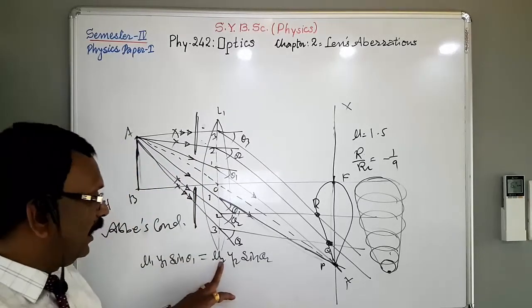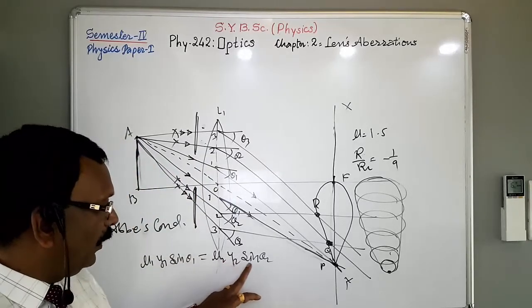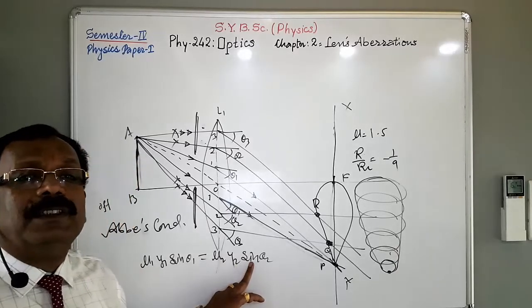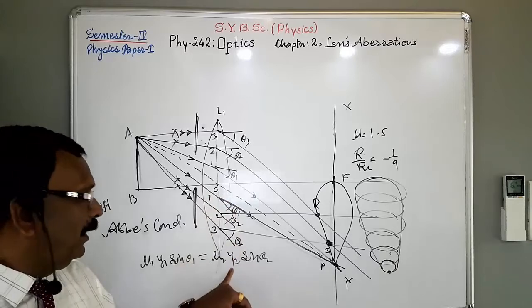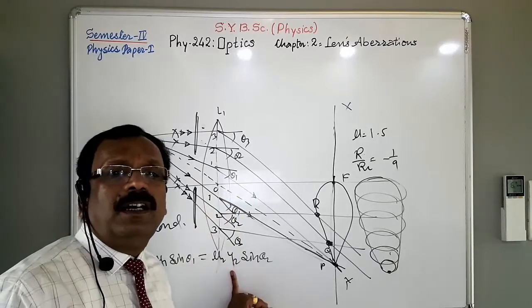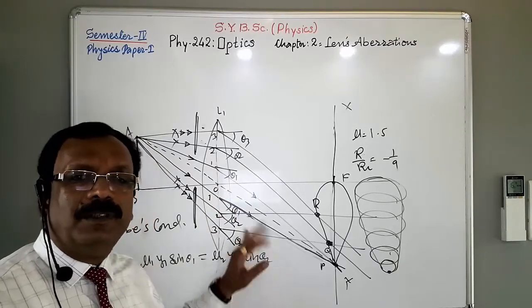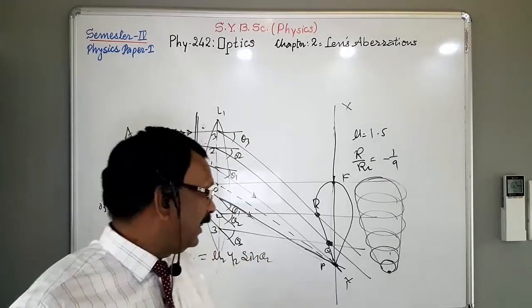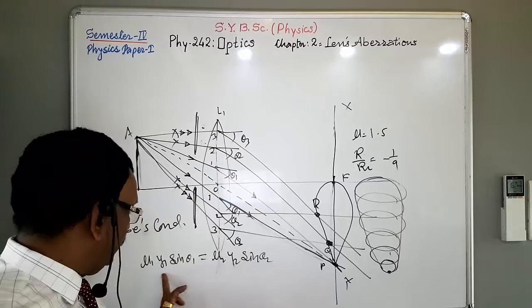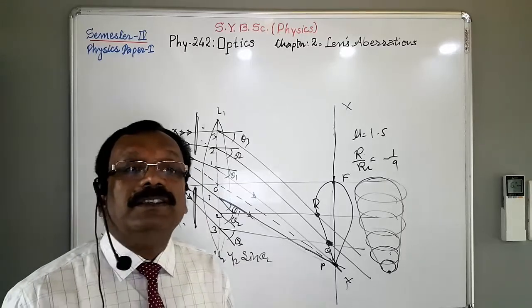And the quantities mu2, y2 and theta 2 refer to the refractive index of the material, the height of the image above the principal axis, and the sloping angle of the emergent ray. These are the emergent rays. This is for the incident ray.